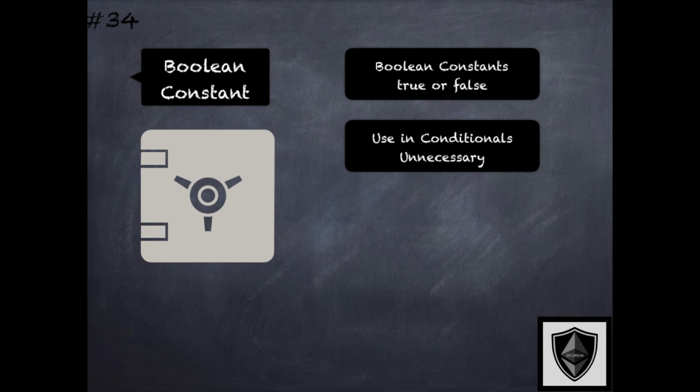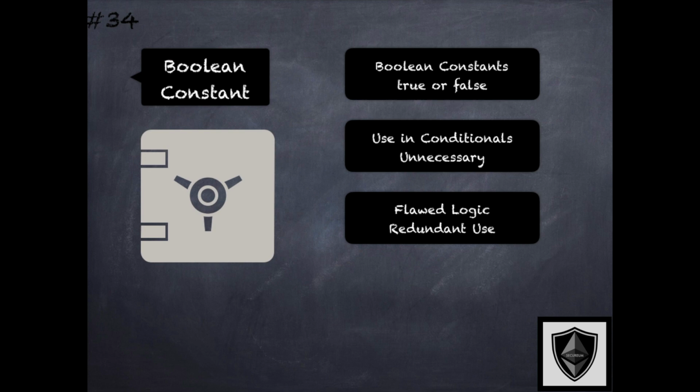Similarly, if the predicate is the Boolean constant false, then that could be removed as well, along with the code in that associated block, because that code would never execute since the conditional is always going to be false.